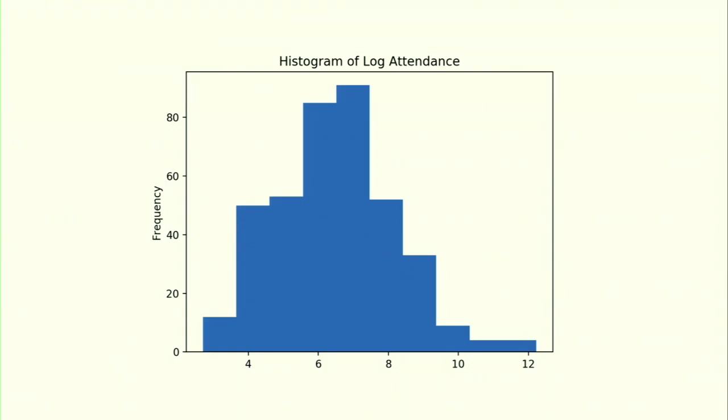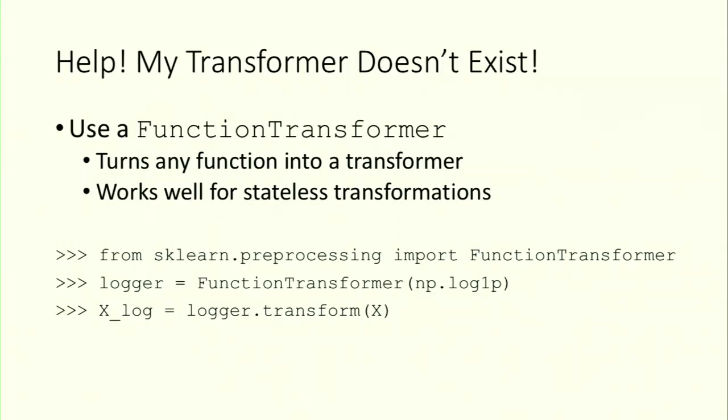So now we've got a bunch of different transformers in our toolkit. Let's see what we want to do. What if the transformation you want to do is not implemented? You've scoured the scikit-learn documentation, you can't find it. Well, one thing to check is, can you use the function transformer? This is a generic transformer that scikit-learn provides, and you can just give it a function, and it will apply that function to the whole data set.